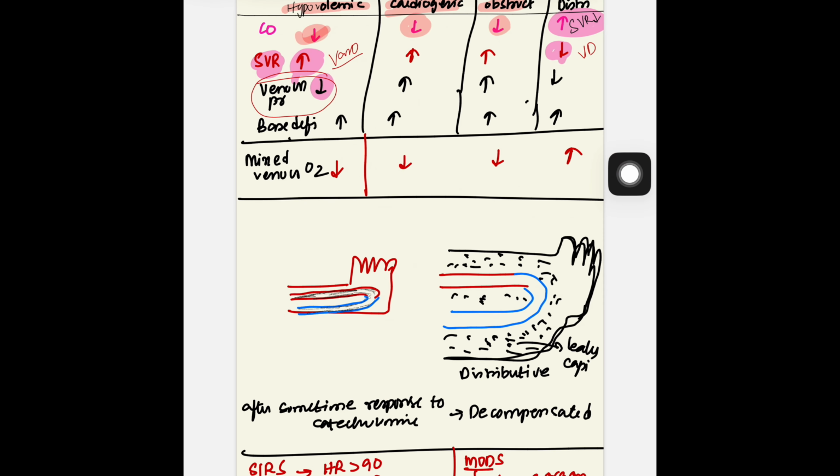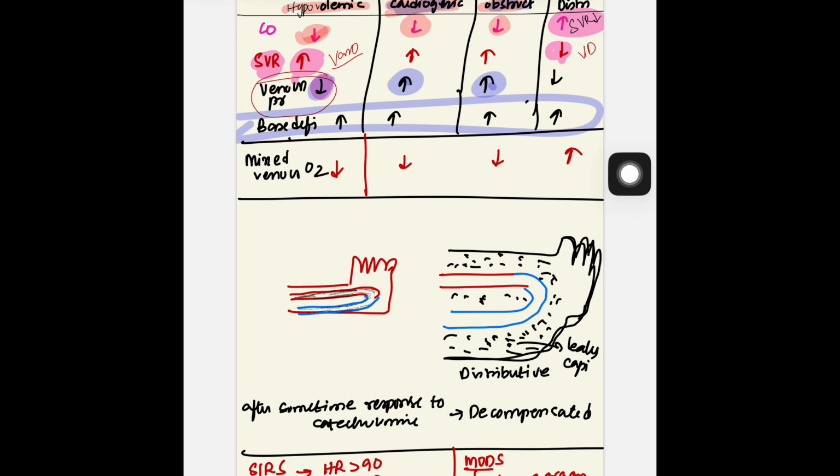So what happens to your venous pressure? Venous pressure is increased. See how beautiful. Here the blood is simply not there, so venous pressure decreases. But in cardiogenic and obstructive shock, the venous pressure is increased. Base deficit: obviously everywhere there is lactic acidosis, so base deficit is increased everywhere.